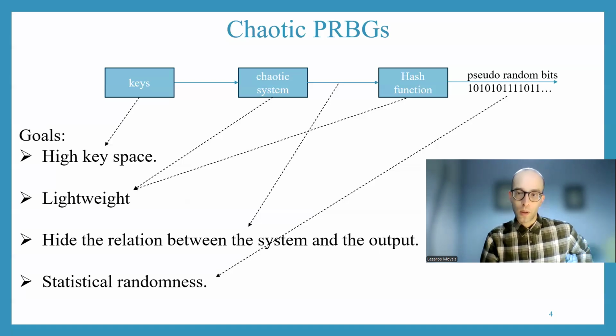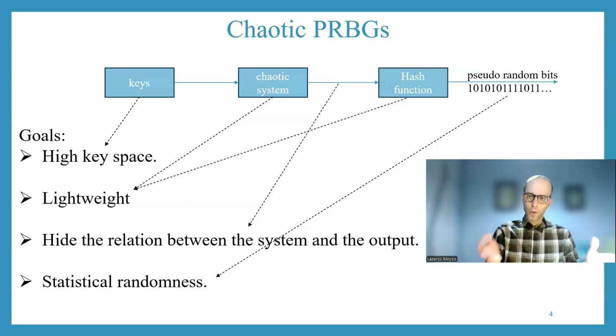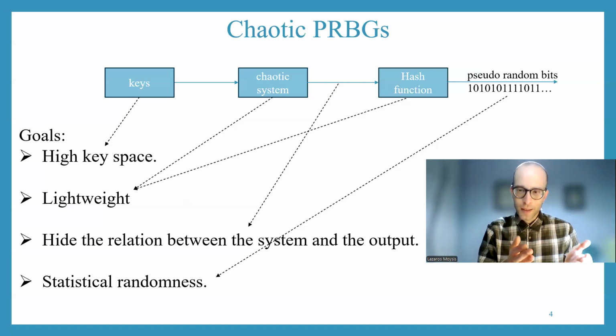So this sounds like a super fast, nice and efficient hash function, but actually it is extremely insecure, especially if we are using very simple maps like the logistic map. So the relation between the map's value and the output bits must be hidden. And of course, after we do all that, above all else, this is called a pseudo random bit generator.